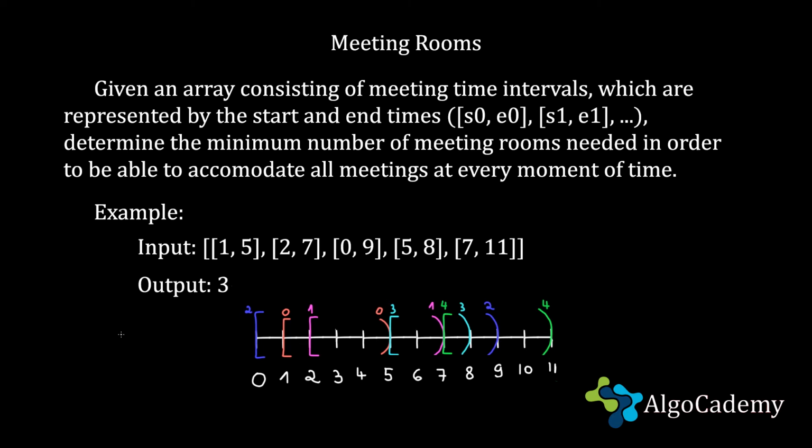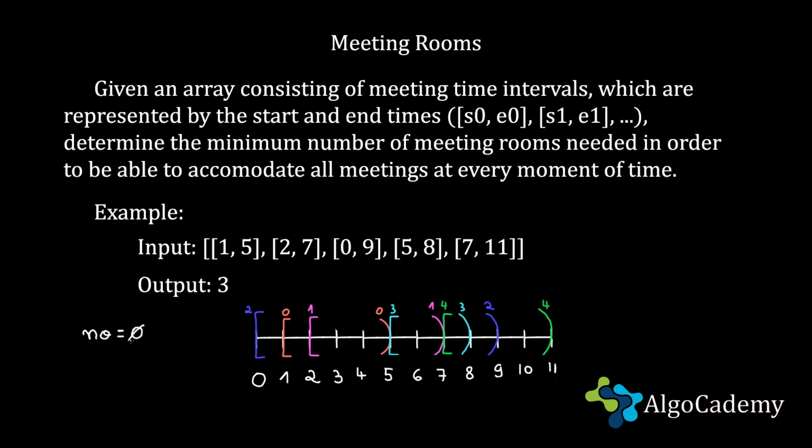So let's have a variable, let's call it no, for the number of meetings, and of course it's initially 0. I'm going to start at the moment of time 0 where something changes. I encounter the first event, and because it's an open parenthesis, this tells me that a meeting is going to start.